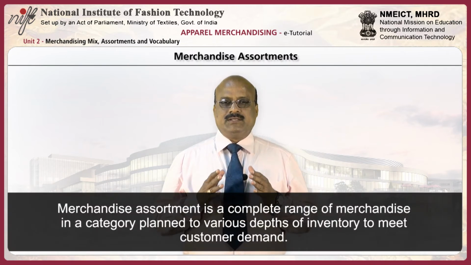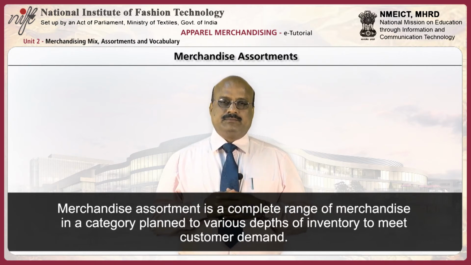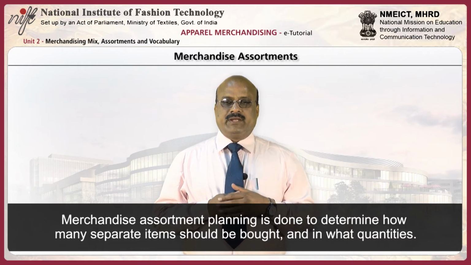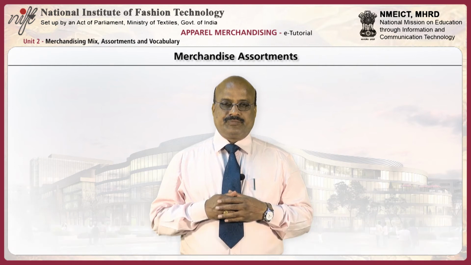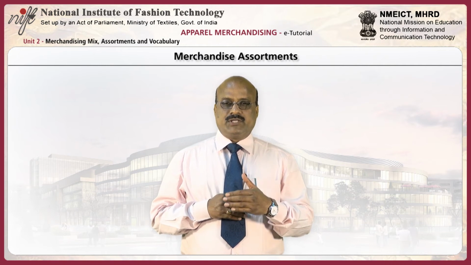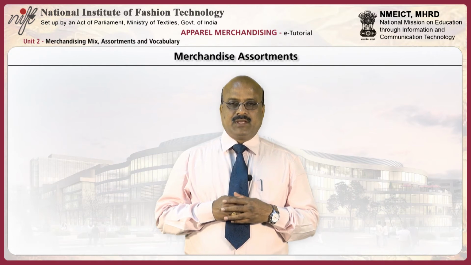Merchandise assortment is a complete range of merchandise in a category planned to various depths of inventory to meet customer demand. Merchandise assortment planning is done to determine how many separate items should be bought and in what quantities. The goal of merchandise assortment planning is to ensure that product choice meets targeted customer needs.